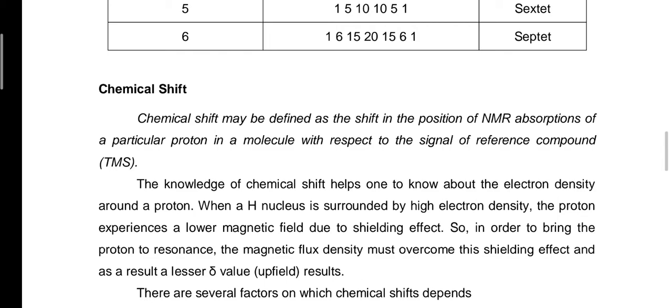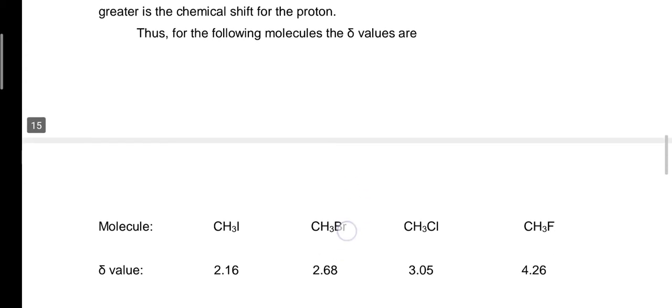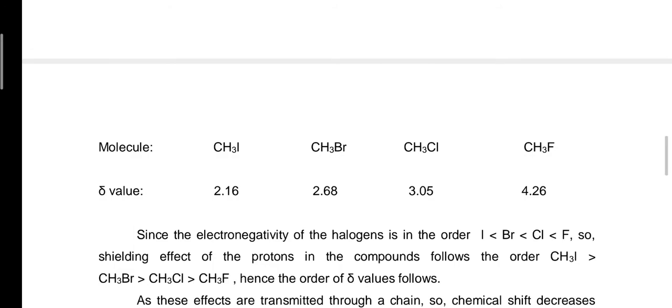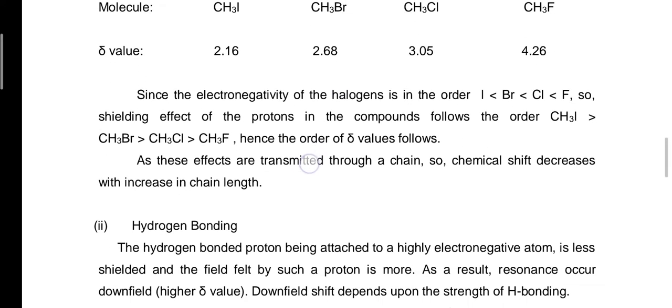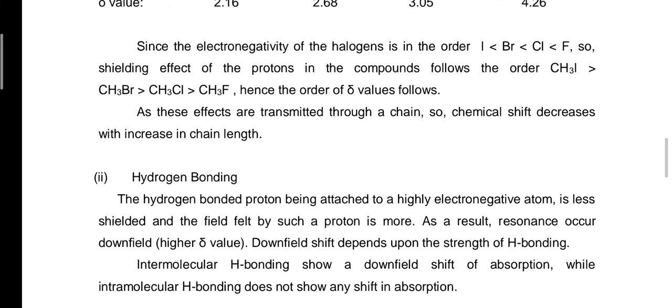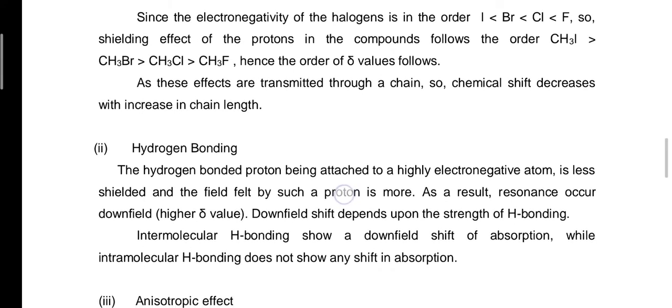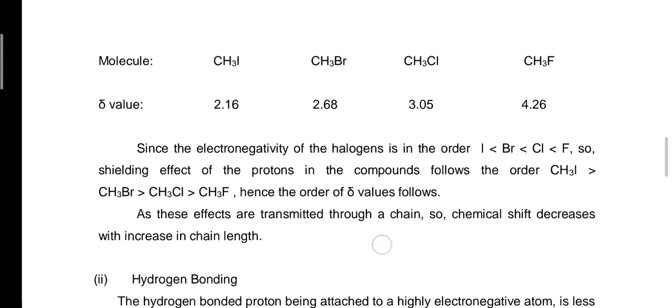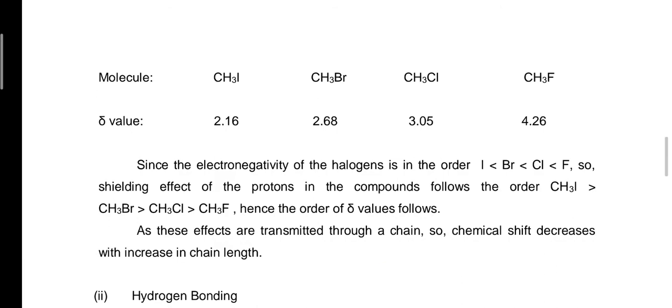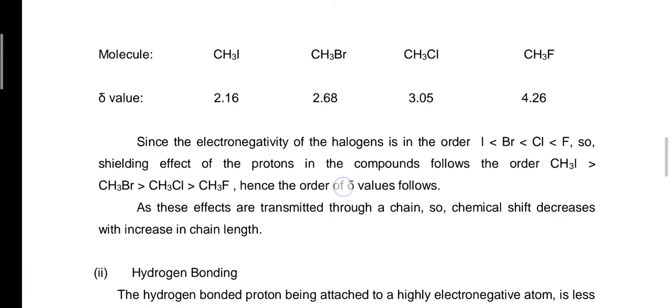When a hydrogen nucleus is surrounded by high electron density, the proton experiences a lower magnetic field due to the shielding effect. The example is also given here. So that is the effect on chemical shift.